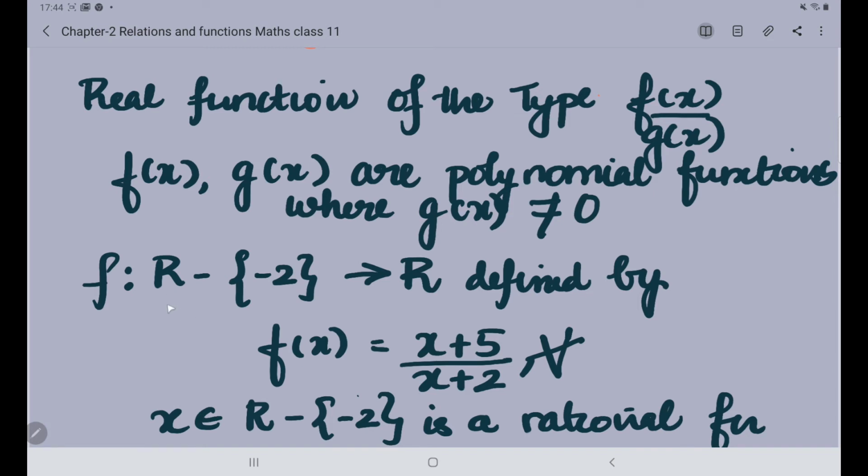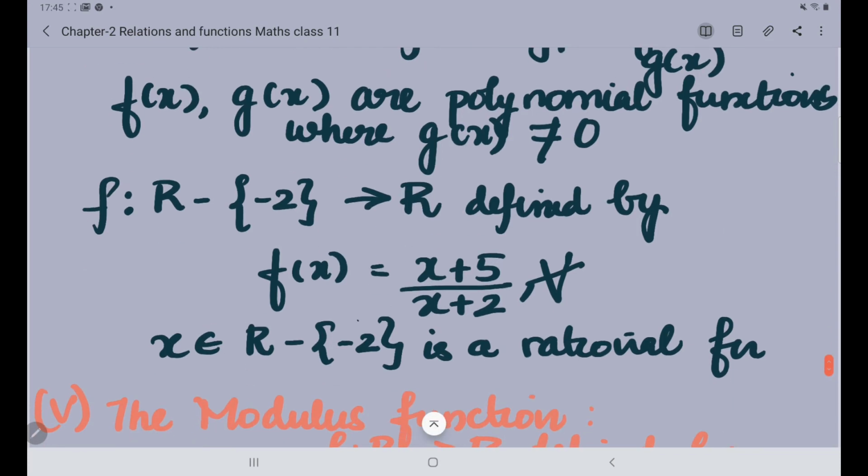That is why the domain is written as R minus the set of minus 2, and the range can take any values in R. So x belongs to R minus the set of minus 2, then that is a rational function.